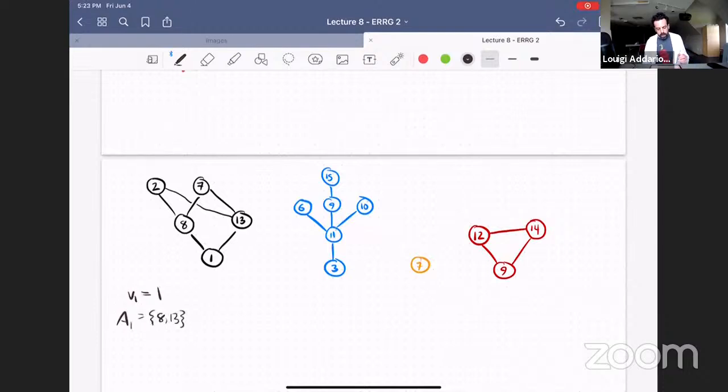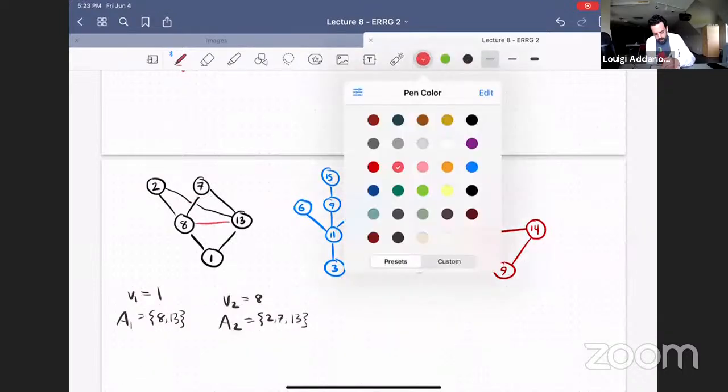Now these 2 have equal priority. 8 has the smaller label, so the second vertex to be explored will be 8, and the second active set now contains the new neighbors of 8, which are 2 and 7, plus 13. And I just want to record, I'm going to draw this edge here, maybe in some light gray color.